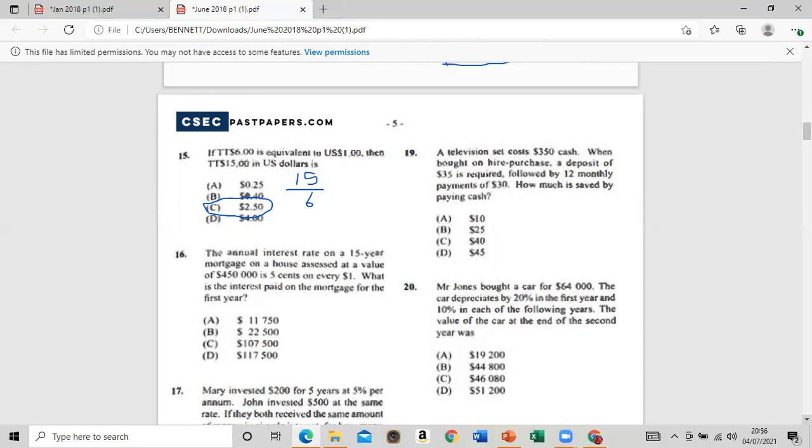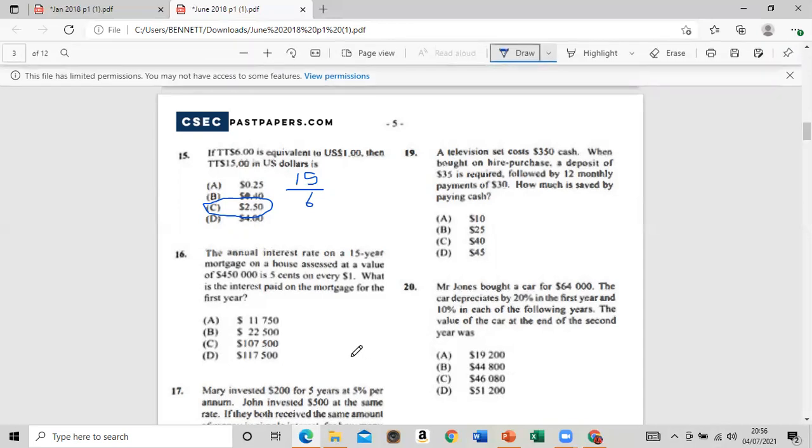What is the interest on the mortgage after the first year? Guys, it's just 5%, right? I don't know why they make it look so complicated, but it's just 5% because 5 cents in every $1. In every $1 you have 100 cents, so it's 5 over 100, right? It's not hard.